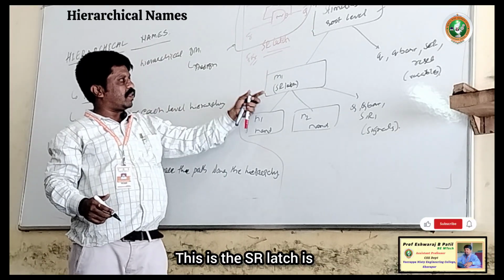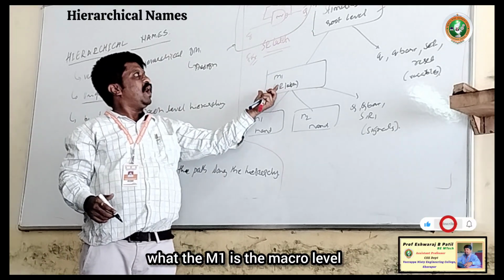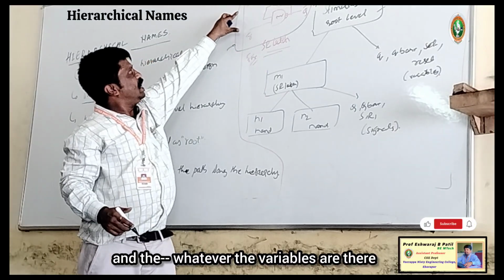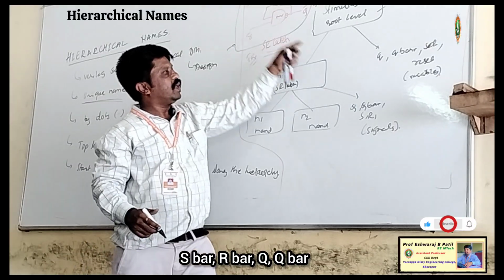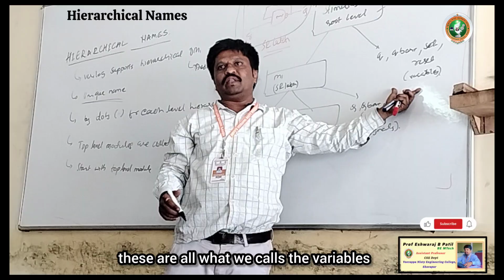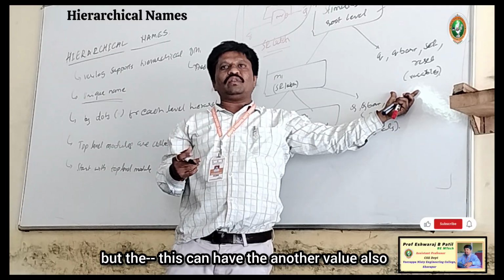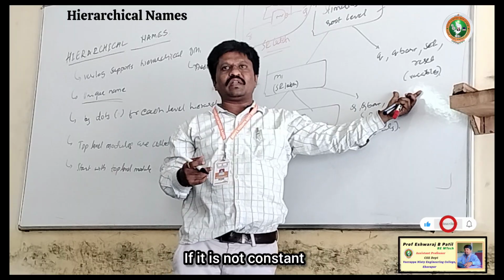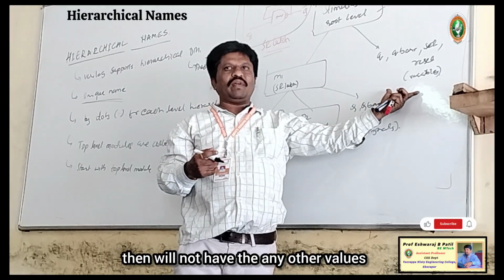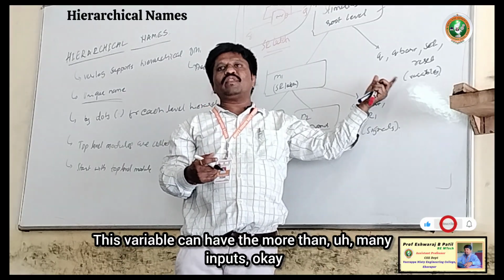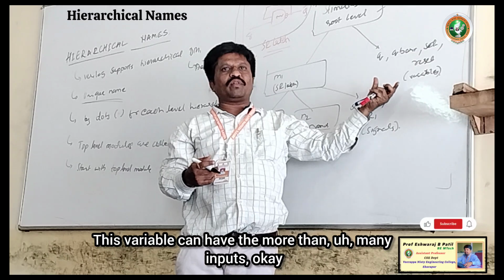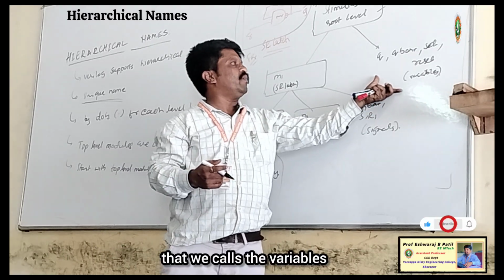This SR latch, M1, is the macro level. And whatever variables are there, S bar, R bar, Q bar, these are what we call the variables. Variables are nothing but something that can have another value also, not a constant. If it is a constant, it will not have any other values. A variable can have many inputs, that we call the variables.